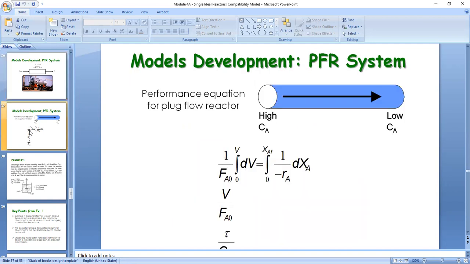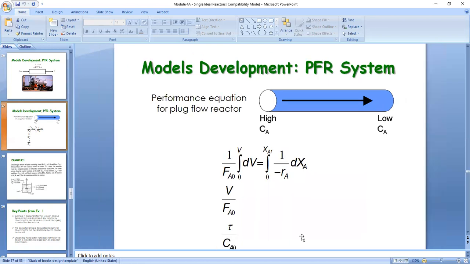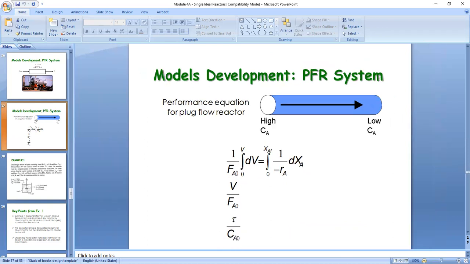So the performance equation for our plug flow reactor, where there is no accumulation, is 98% similar to that of the batch reactor. Why am I saying that?